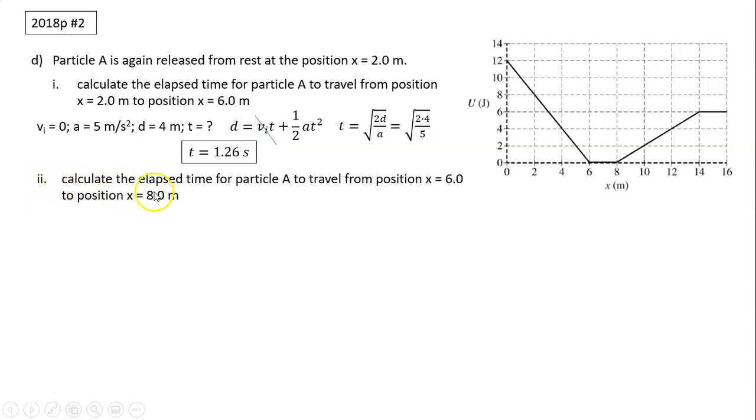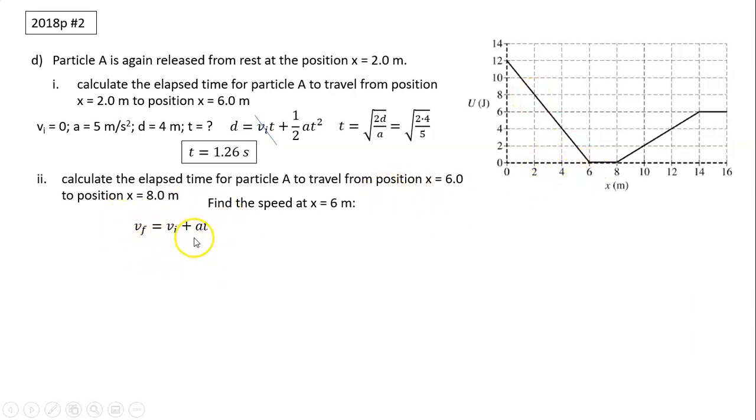Part D2. Calculate the elapsed time for particle A to travel from 6 meters to 8 meters. So we know this distance. If we know the speed at 6, and we know the speed doesn't change from 6 meters to 8 meters, we can find the time. We can find the speed at 6 meters because we know the initial velocity, we know the acceleration, and we know the time.